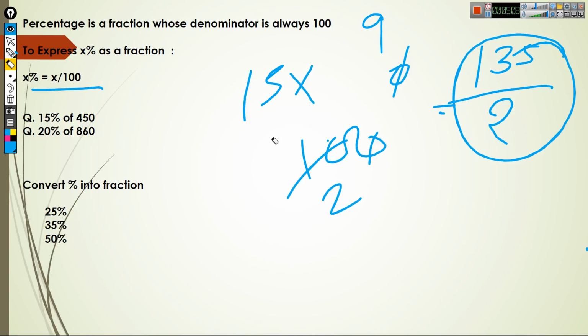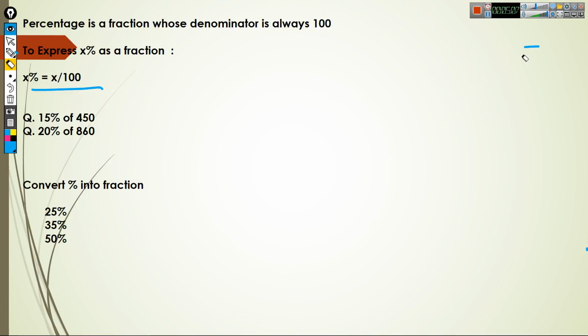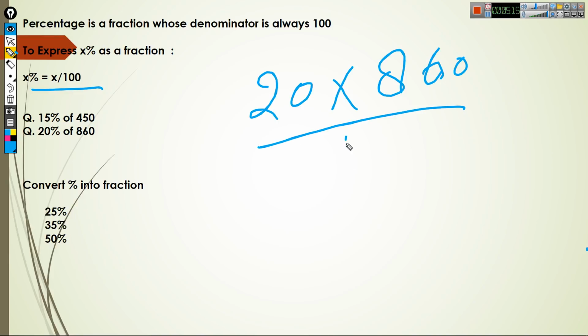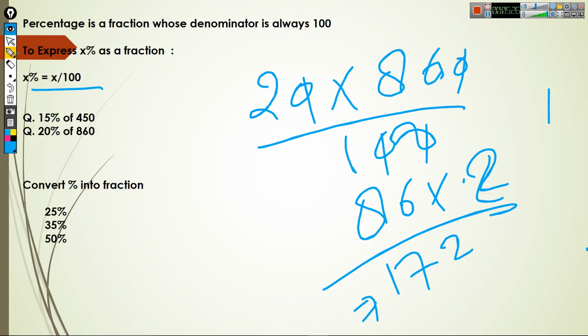Again, percentage means divide by 100. 20% of 160 is 20 into 860, divided by 100. Cancel the zeros, so 86 into 2 will be the answer: 6 twos are 12, carry 1, 8 twos are 16, plus 1 is 17, so 172 will be the answer.